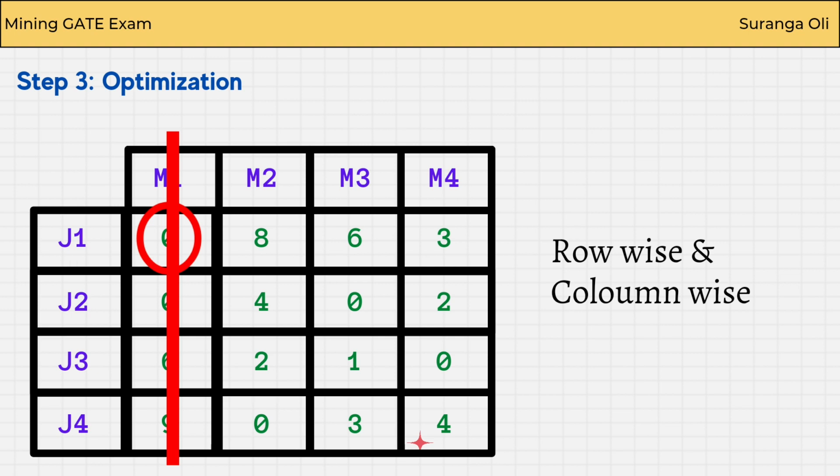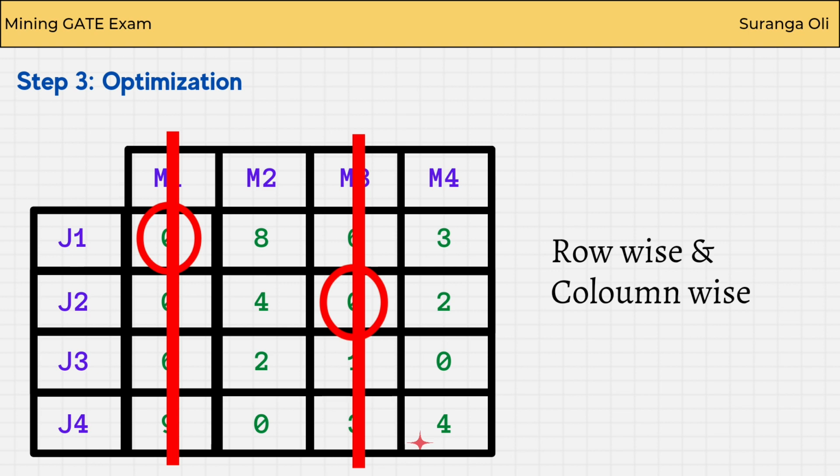Now let us scan row 2. M1 is not an option for job 2 because it is already assigned. Analyzing the remaining elements, we have 0 at the intersection of job 2 and M3, and we mark that; machine 3 is allotted to job 2.